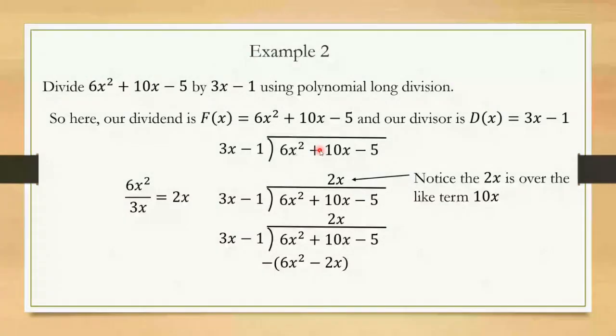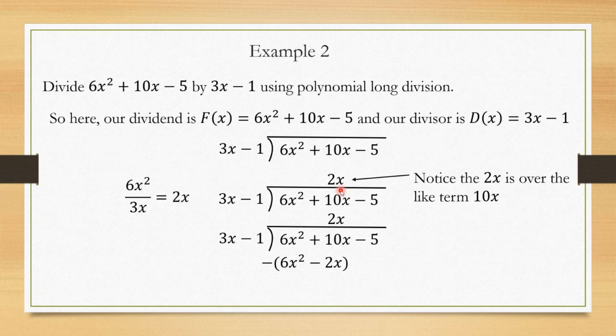So we divide. Again, we do the leading term of the dividend divided by the leading term of the divisor, which in this case is 3x. And that quotient is 6 over 3 is 2, x squared over x, subtract the exponents, you get x. So we put that over the like term, 10x, as you can see.